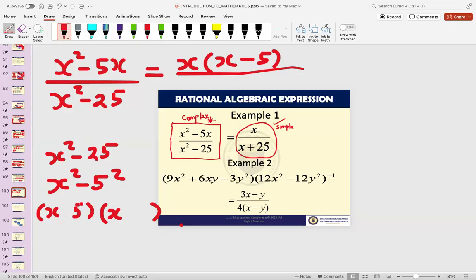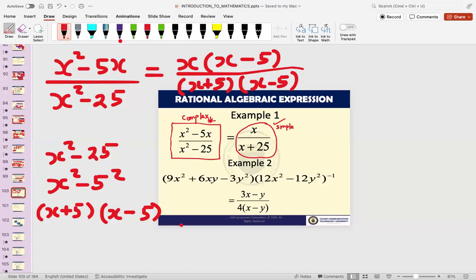You write 5 here, put 5 here. First one is positive, second one is negative. So instead of x squared minus 25, we come below here and put x plus 5, and then x minus 5.